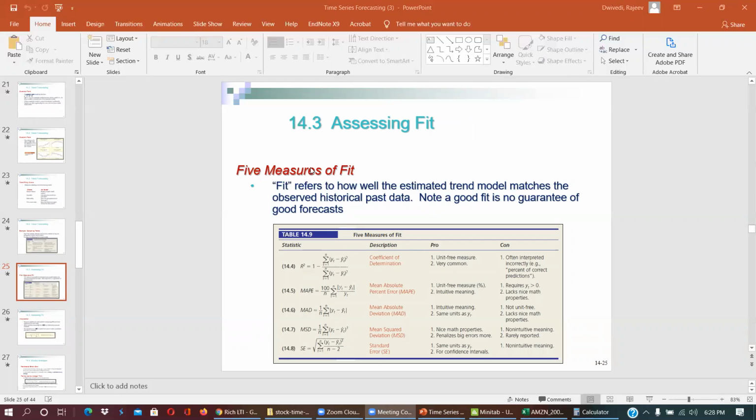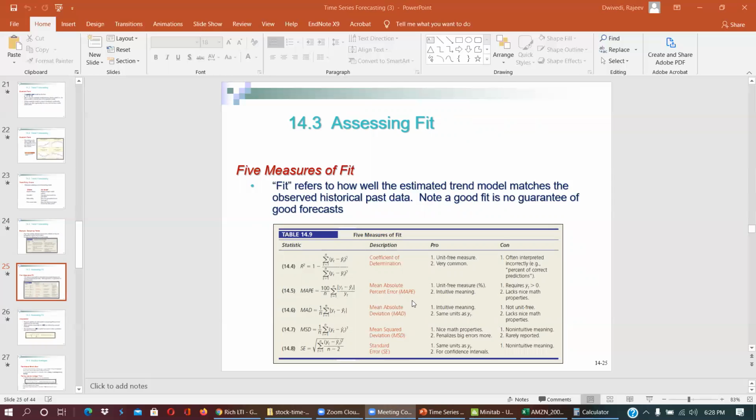Here now, 5 measures of fit. The coefficient of determination, which is R square, is better as it gets close to 1. If it is 1, it is a good fit. Here you can see MAPE, MAD, MSD, SE. These are mean absolute percent error, mean absolute deviation, mean square deviation.